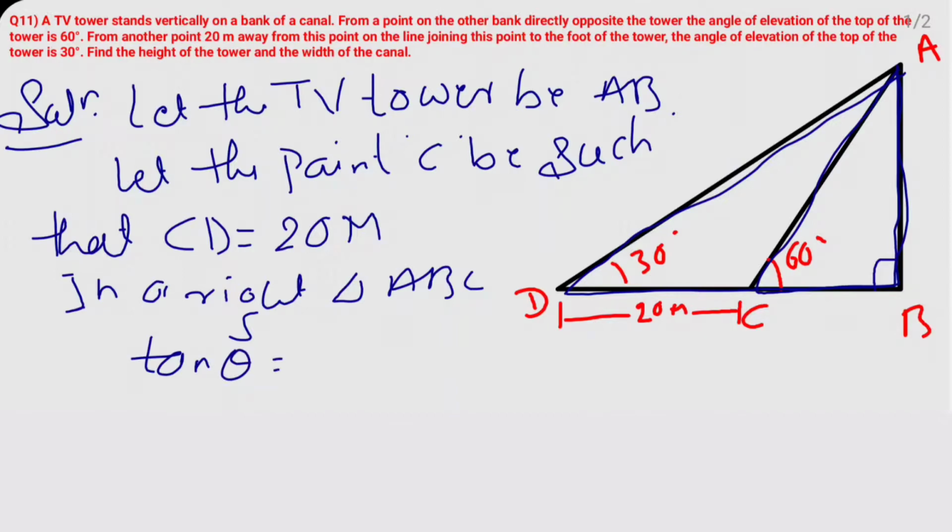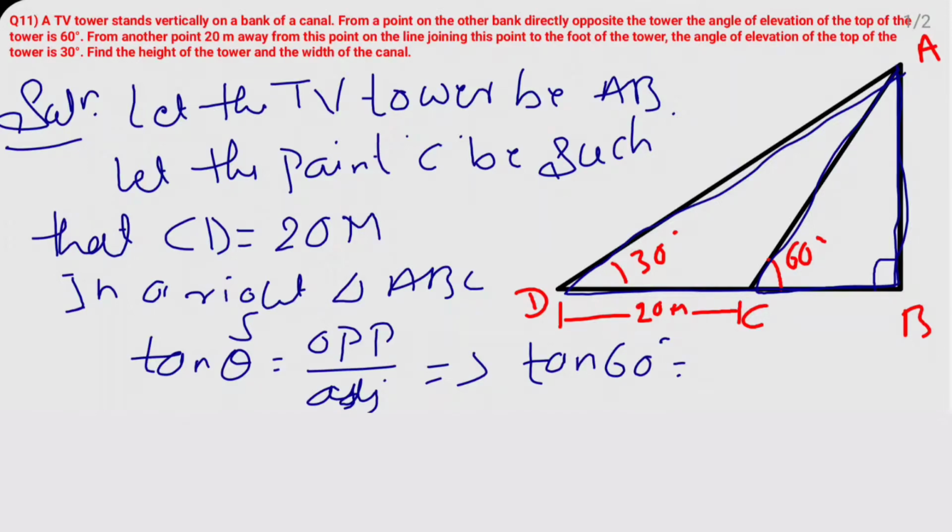tan theta equal to opposite by adjacent. Tan 60 equal to, so for 60 degrees the opposite side is AB, divided by the adjacent side BC.